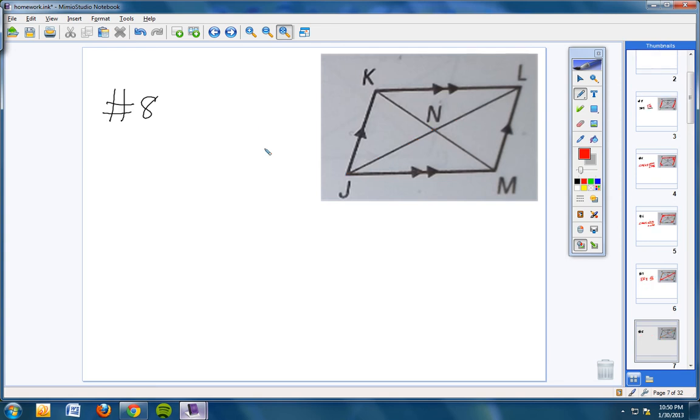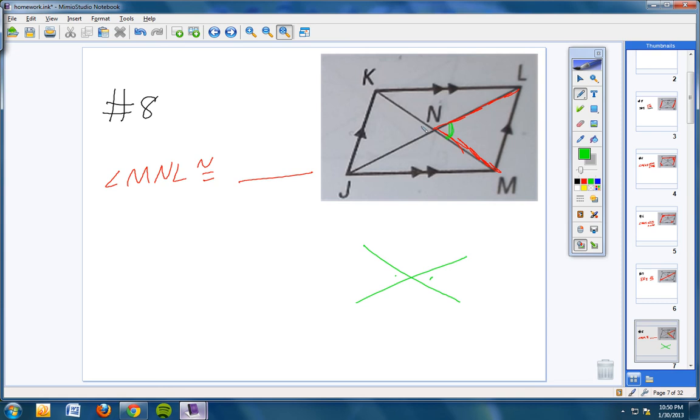All right, number 8. We're looking at angle MNL is congruent to, all right, here we go, this is interesting, students, watch this. Here's M, and then we go to N, and then we go to L. So we're talking about this angle right here. Now remember what we learned, when two lines intersect like your diagonals do, vertical angles are congruent.